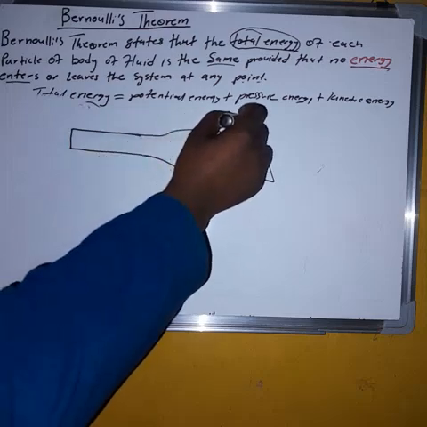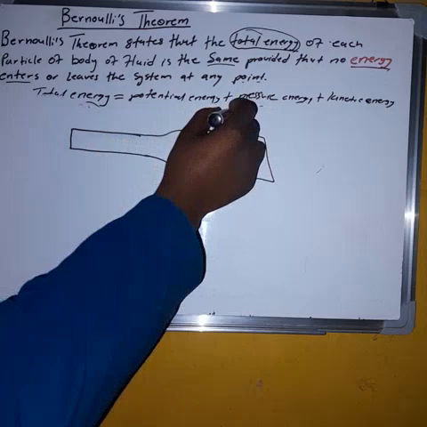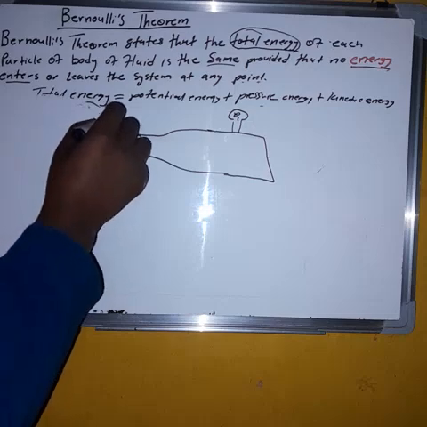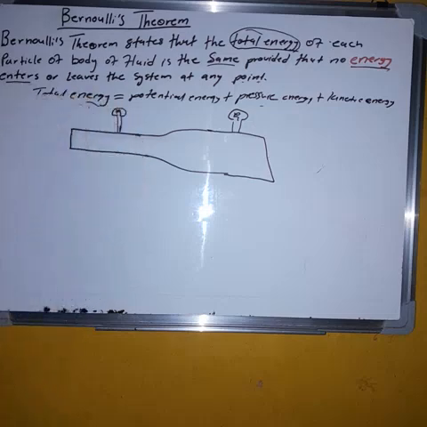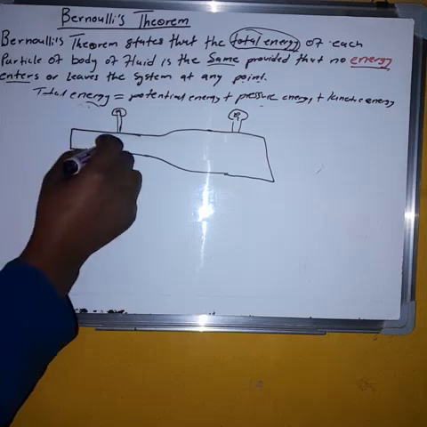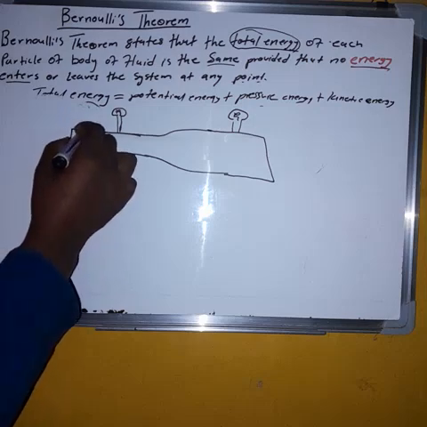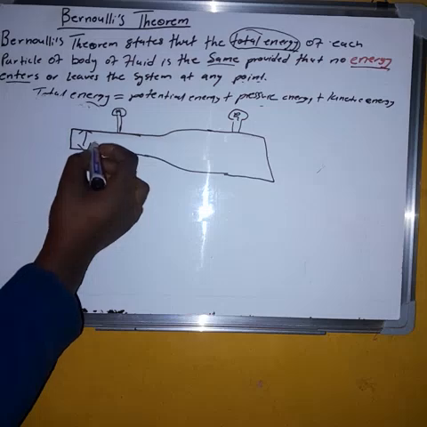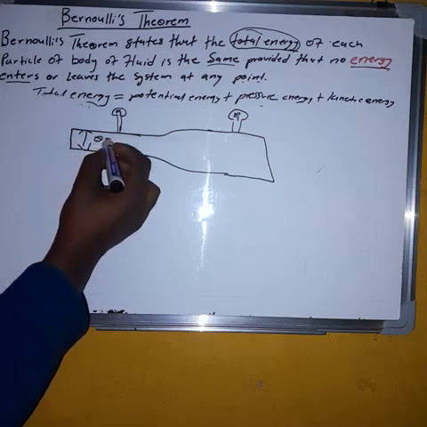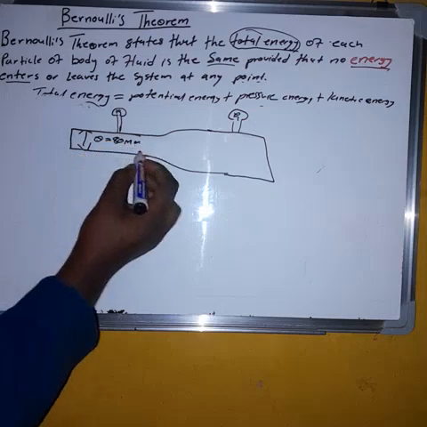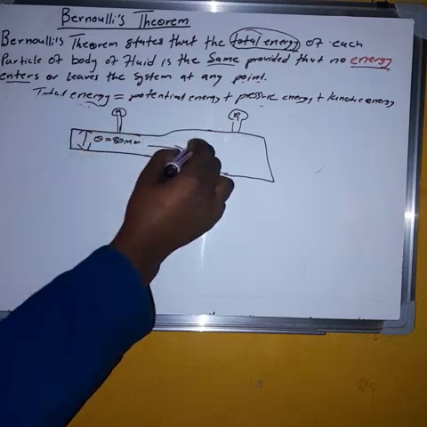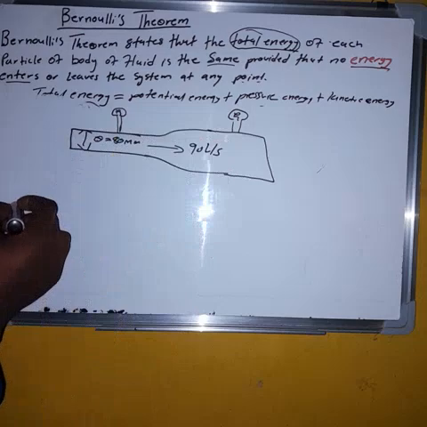Here we have a pressure reading P2, and here we have a pressure reading P1. Say this diameter is equal to 80 millimeters, and the rate of flow is 90 liters per second.